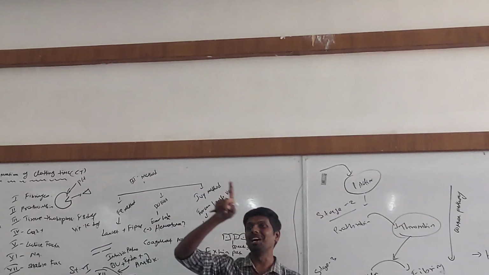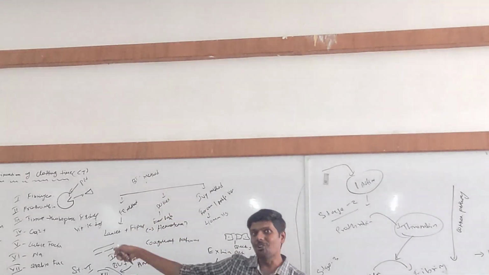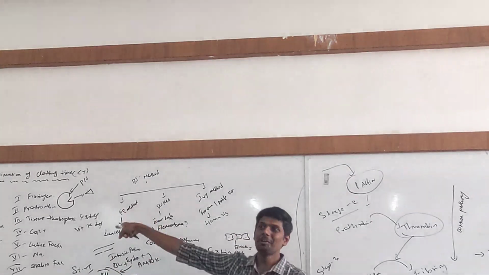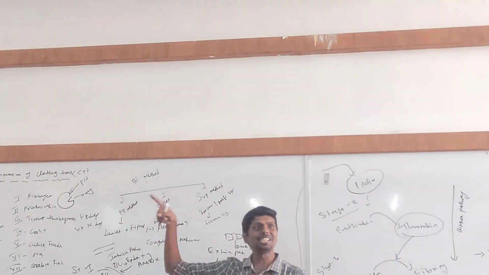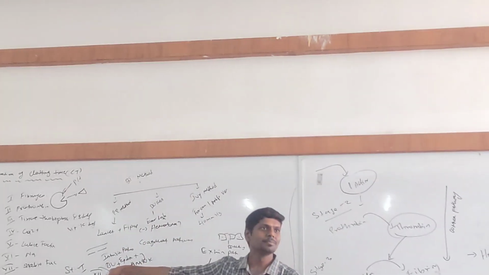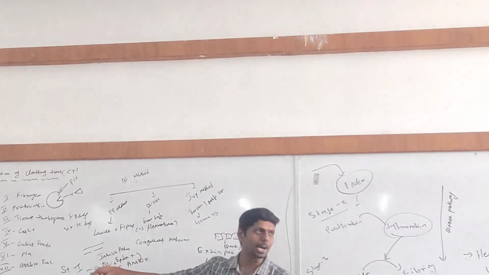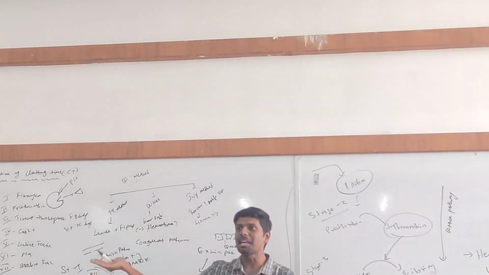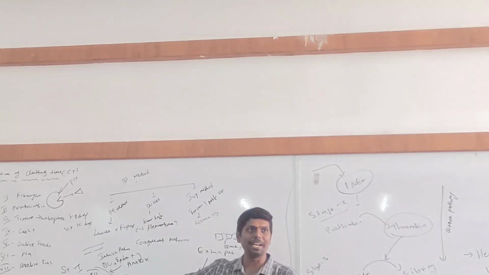Factor 8 works with Von Willebrand factor. Von Willebrand factor is required for platelet attachment. Since 8 is absent, definitely Von Willebrand factor won't work. They are working together. They are a married couple, as I said. So without one, the other one will be sapped. So they won't work and they will be bleeding.